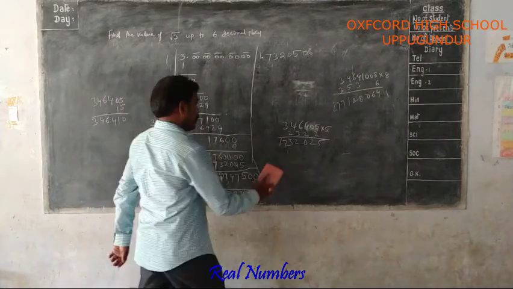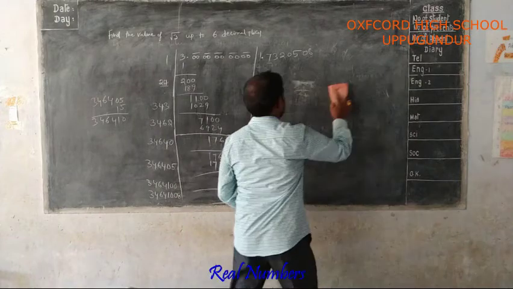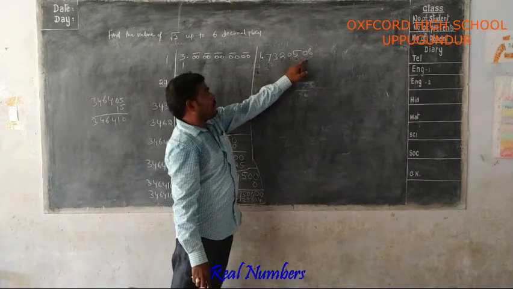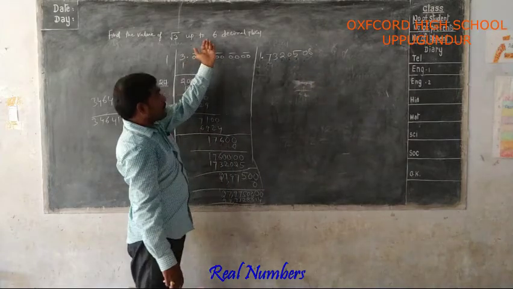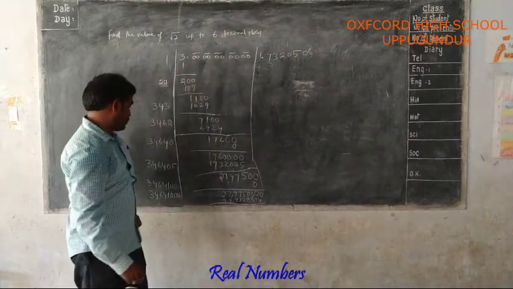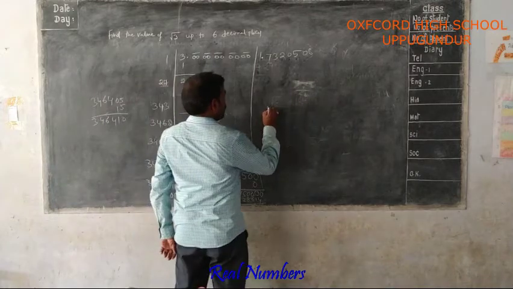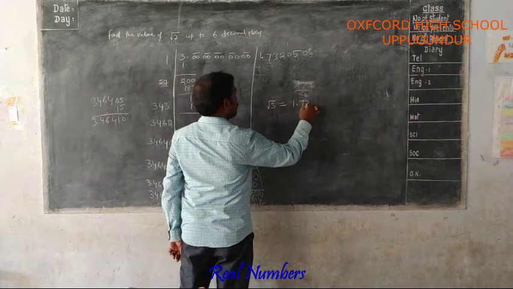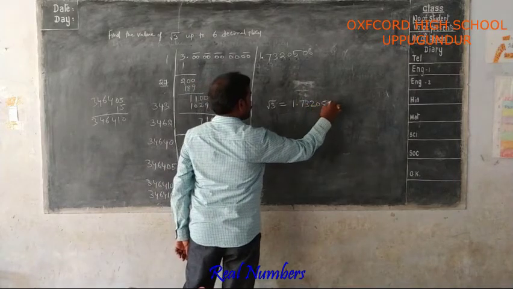Now, up to how many places do you find here? After the decimal there are 1, 2, 3, 4, 5, 6, 7. Up to how many places do you have to find? Up to 6 places. Now, the value of root 3 is 1.7320508.